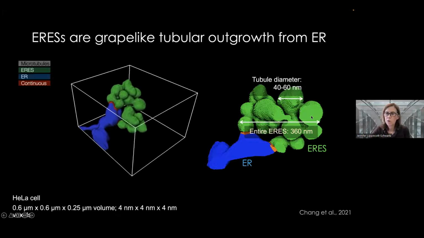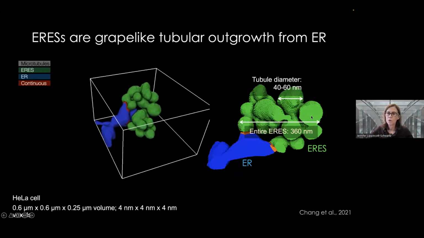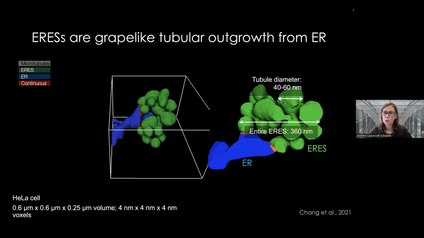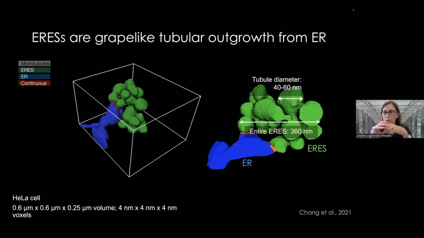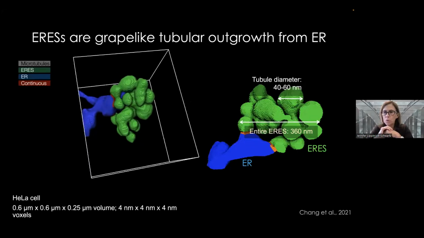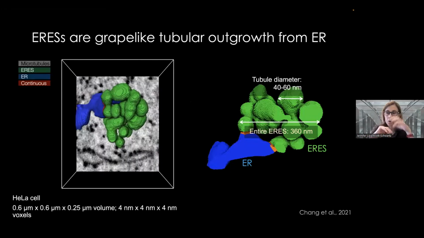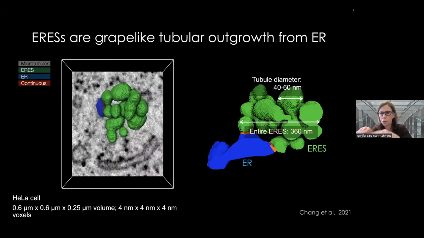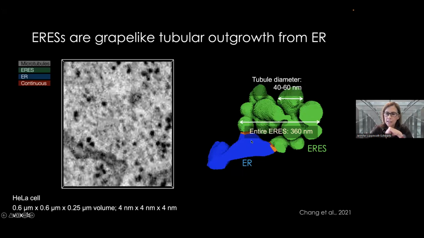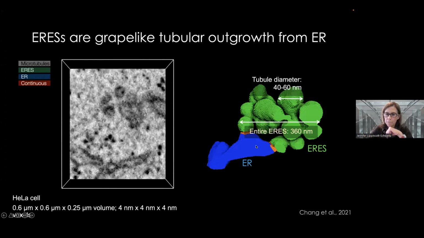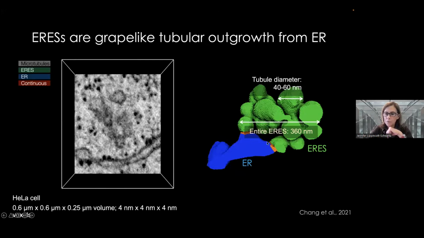Basically, the entire structure has a diameter of about 360 nanometers, and the individual tubes are about 40 to 60 nanometers in this system. Now, we were able to show using photobleaching approaches, shifting over to light microscopy, that this is indeed a continuous structure. We can see it in our FIB-SEM images.